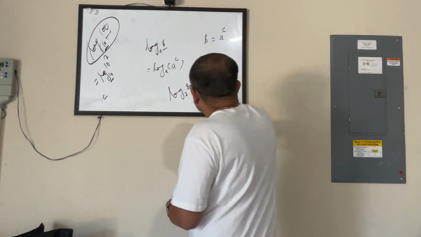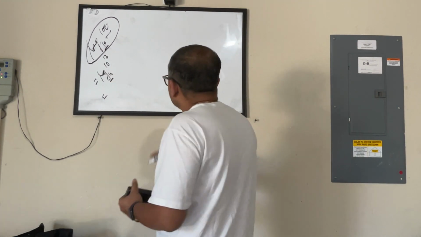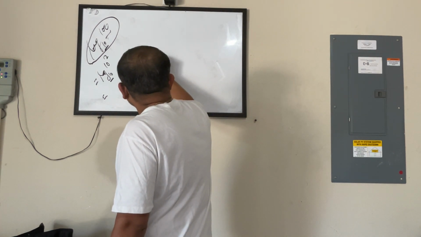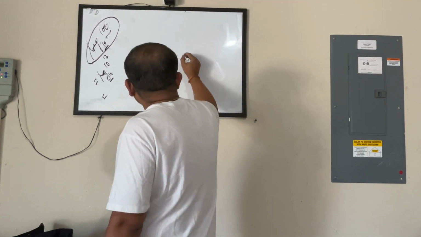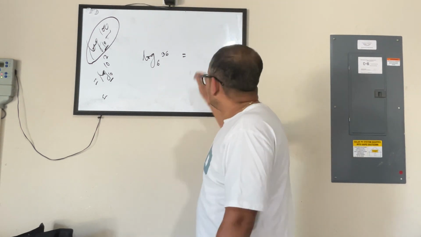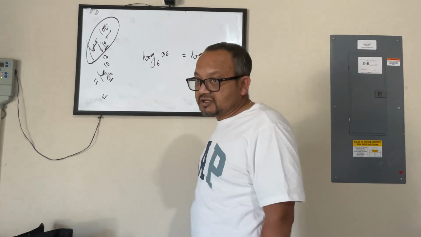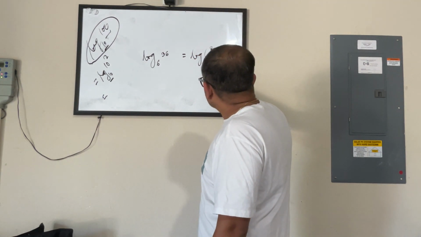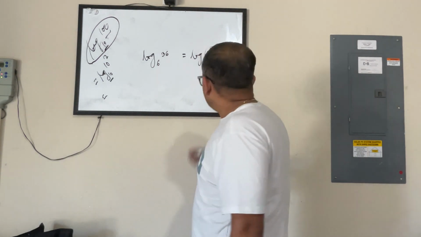So let's play with this a little bit more. If you have log of 36, what will be the value of this? What you will do is, you will just put this as a power of this, and once you see this exponent's base and the log's base matching, then you only look at this power, and that is your answer.